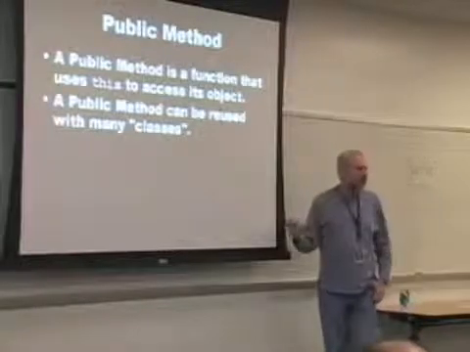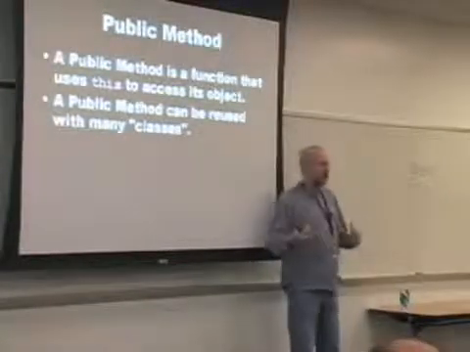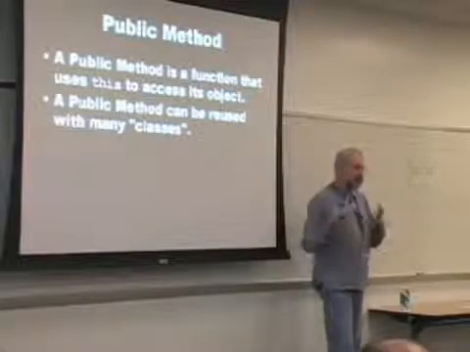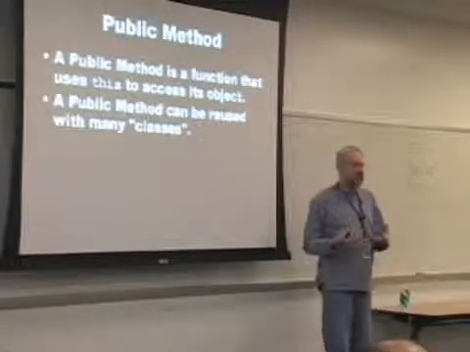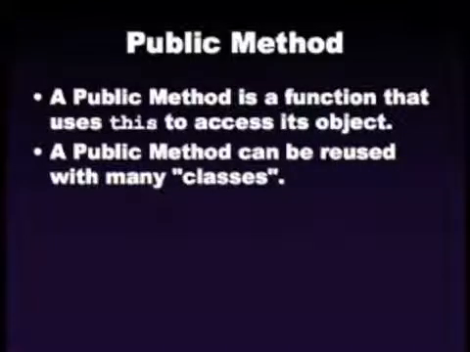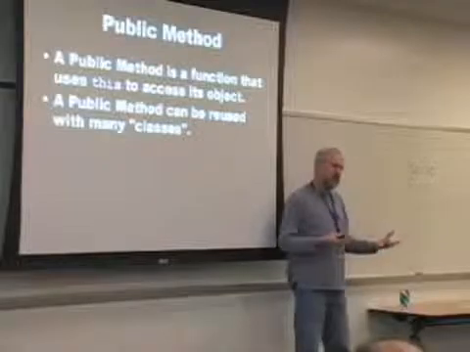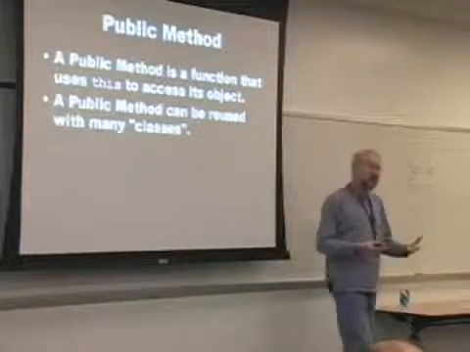And the reason it works is because of public methods. A public method is a function which uses this. So it assumes that it's getting called with the method pattern, which will bind it to this and allow it to operate on a particular object. In JavaScript, the binding of this in method invocations happens at invocation time.